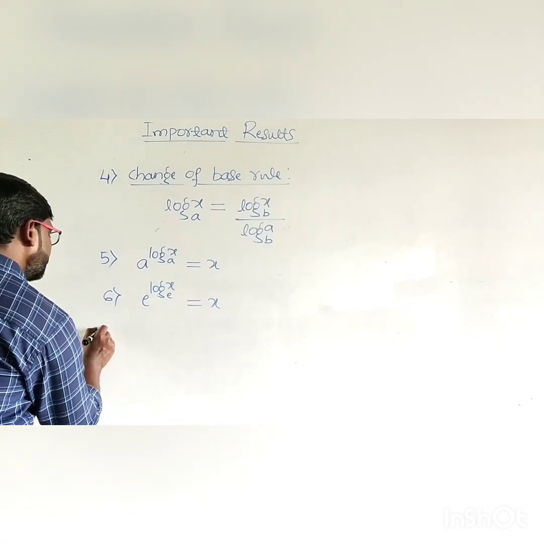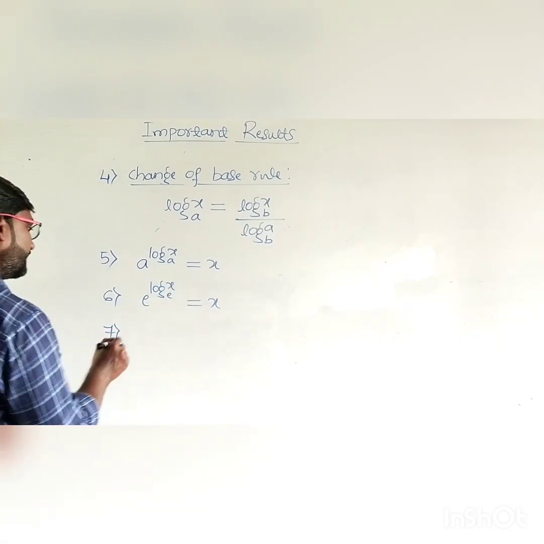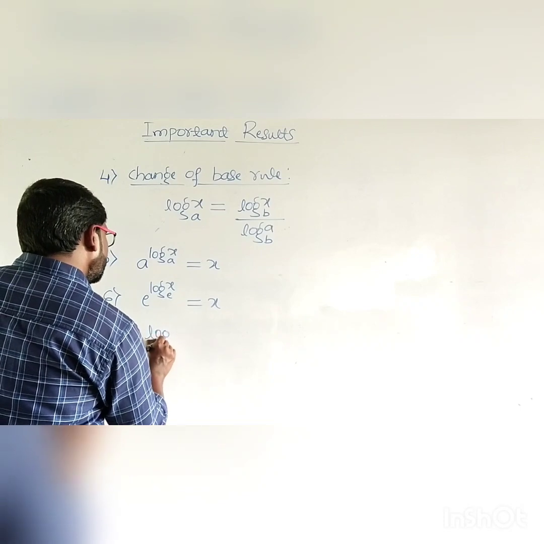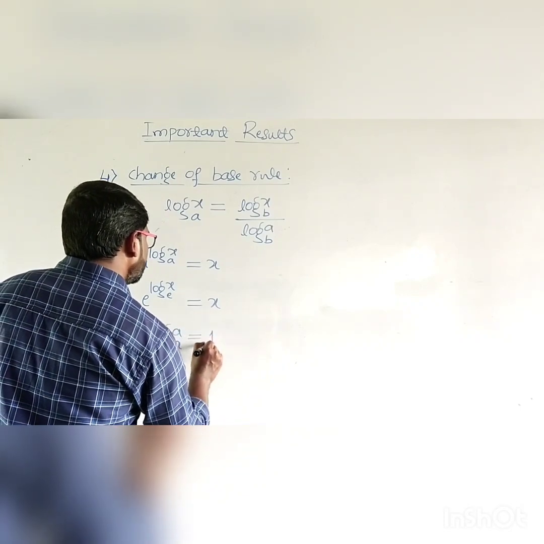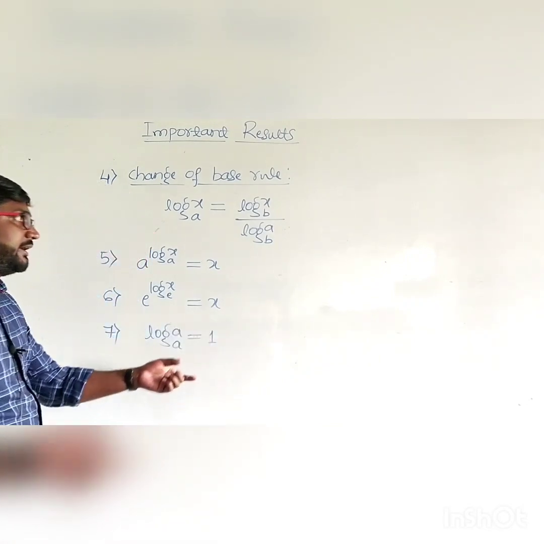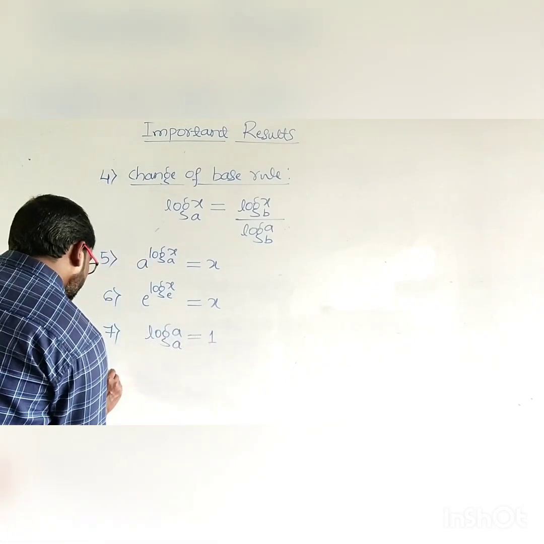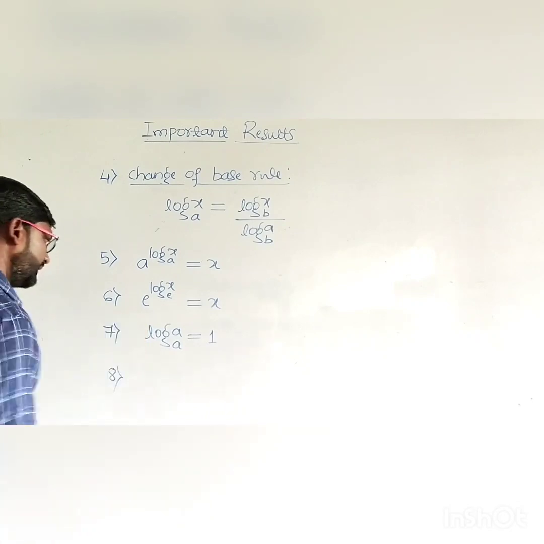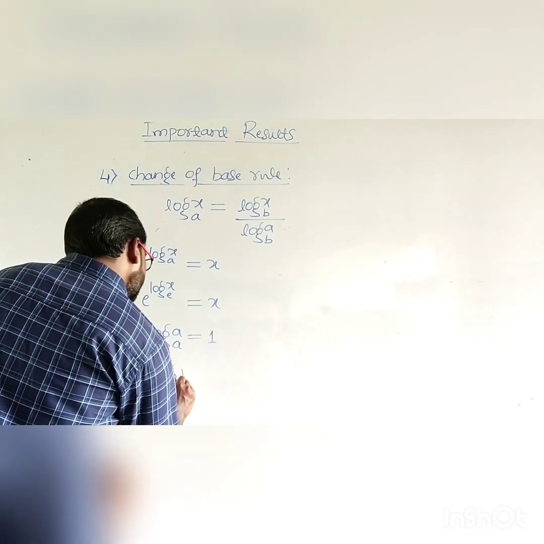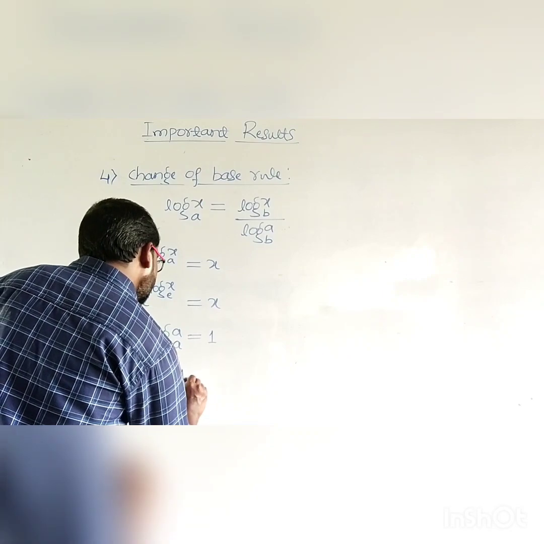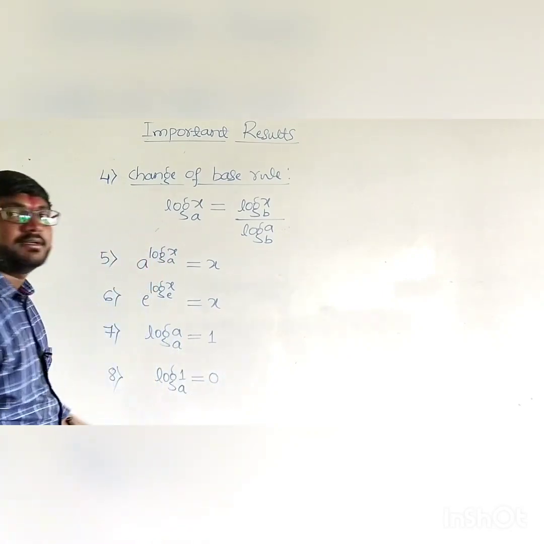The seventh one is log a to the base a, which equals 1. So log a to the base a is always 1. And the eighth one, log 1 to the base a, is always 0.